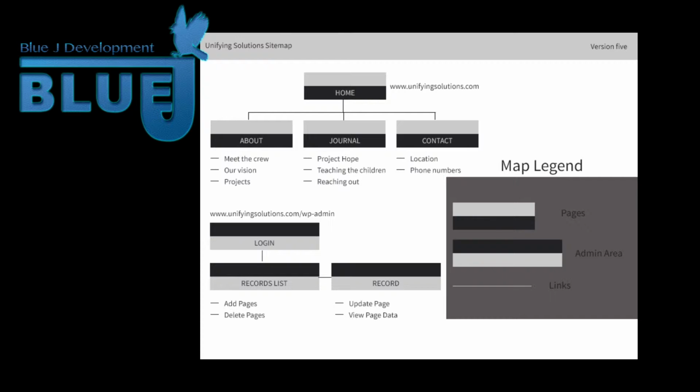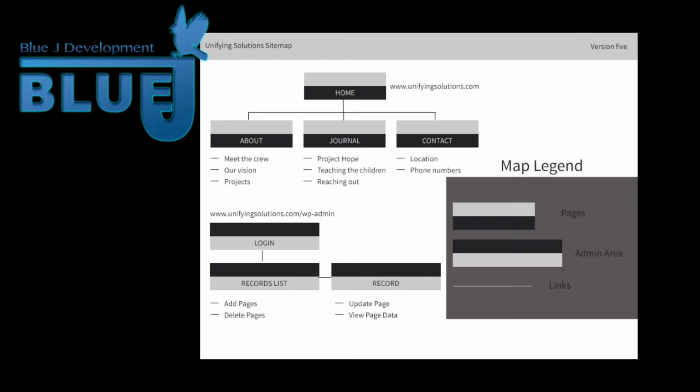Now, if you also notice, I have another section towards the bottom left-hand of the page, and that's going to cover the admin area. Now, through that URL that you see, unifyingSolutions.com/wp-admin, that URL is going to take you to a login page.